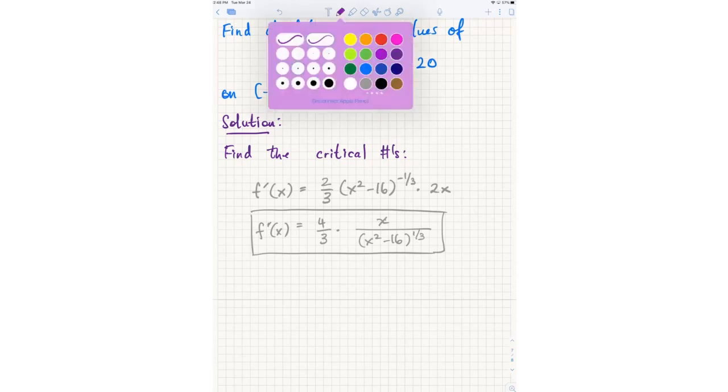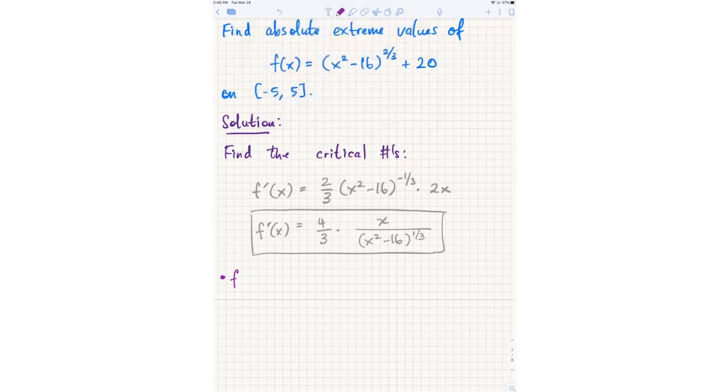Now, when you answer the question, what are the critical numbers? There are two types. Where does the derivative not exist? Where is the derivative equal to 0? If you look at this derivative, it should be much easier to figure out where the derivative does not exist. I have a denominator here. Anywhere that denominator equals 0, I'm not going to have a derivative; f prime won't exist.